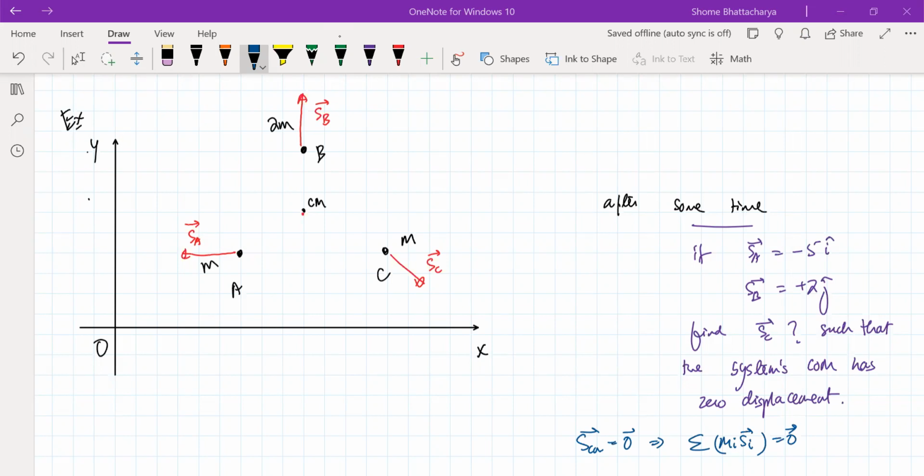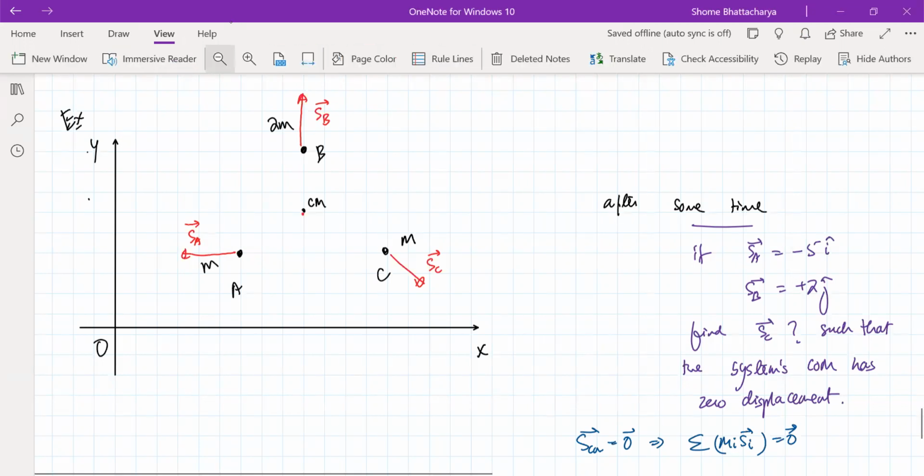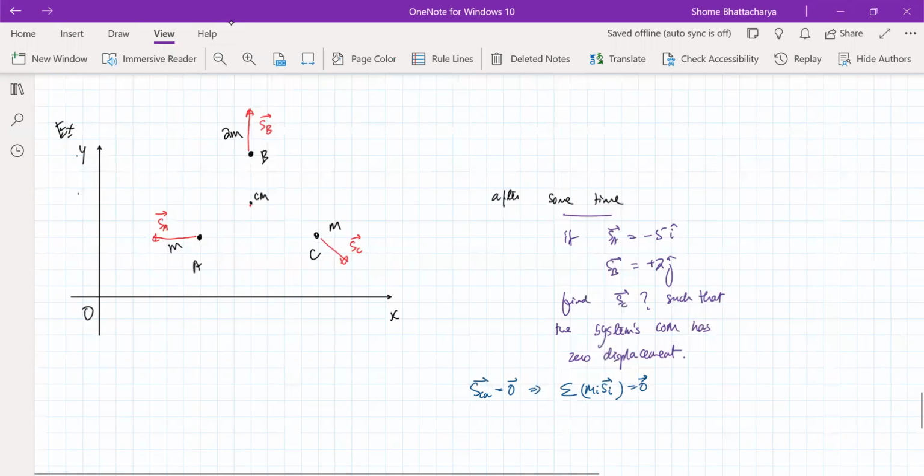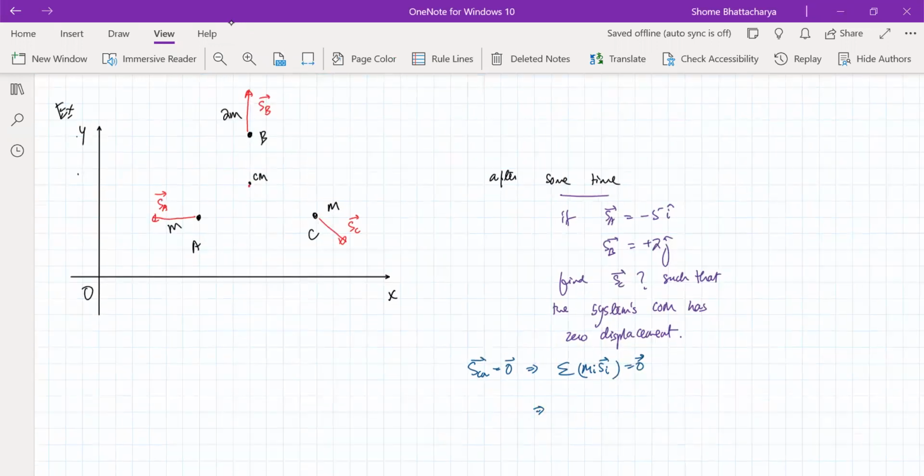We have a positive x component and a negative y component. So all we have to do here is apply that. For A, it is minus 5m i cap. For B, it is positive of 2m into 2, so plus 4m j cap. And for C, it is m into SC.